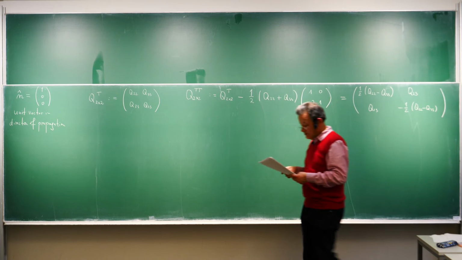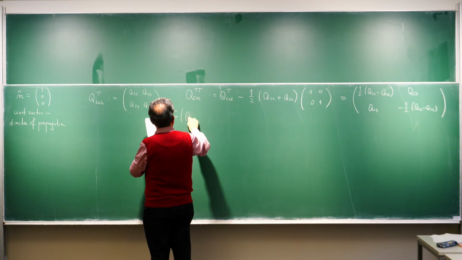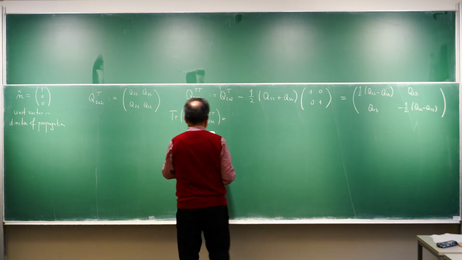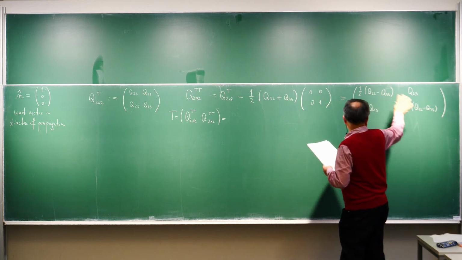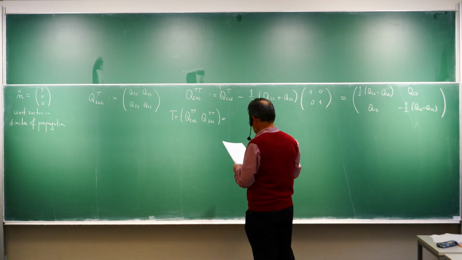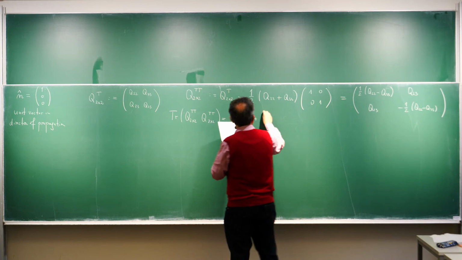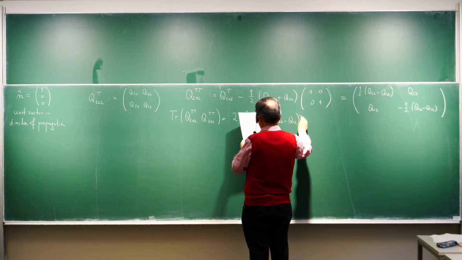Now next we want to calculate the following. We take this and calculate the trace of the quadratic form Q_TT, and that's easily done. You have a 2 times 2 matrix, and you make the multiplication with itself, and you calculate the trace, and you find that this is 2 Q23 squared plus 1/2 (Q22 minus Q33) squared.